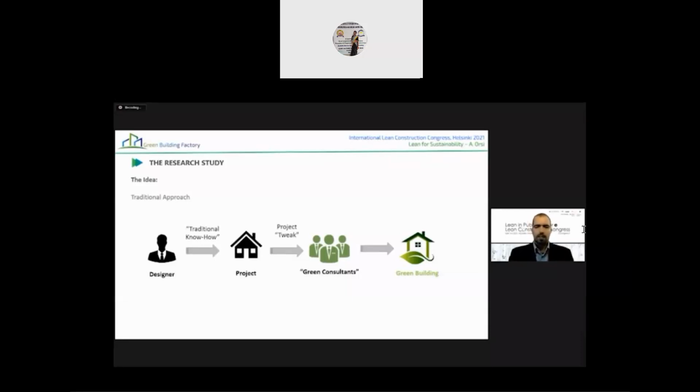The thing is, the idea is that if we know there is some waste in this bit, how much more waste do we generate down the line? So the idea of implementing lean within this sector was to focus on that bit of the traditional process.